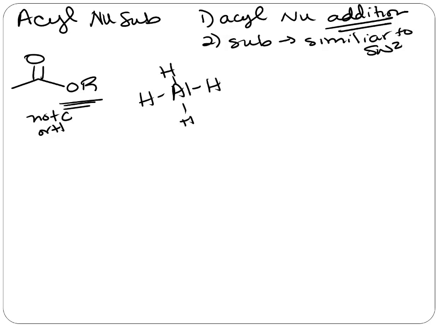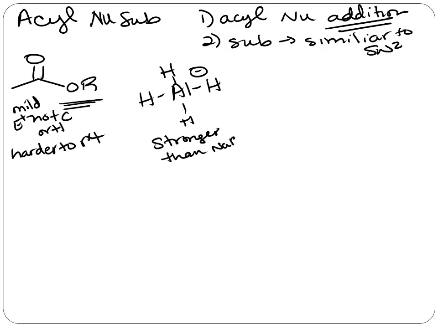This first step is harder because this is a milder electrophile. It's harder to react, so we need a stronger nucleophile than sodium borohydride. And so that's why we use lithium aluminum hydride.